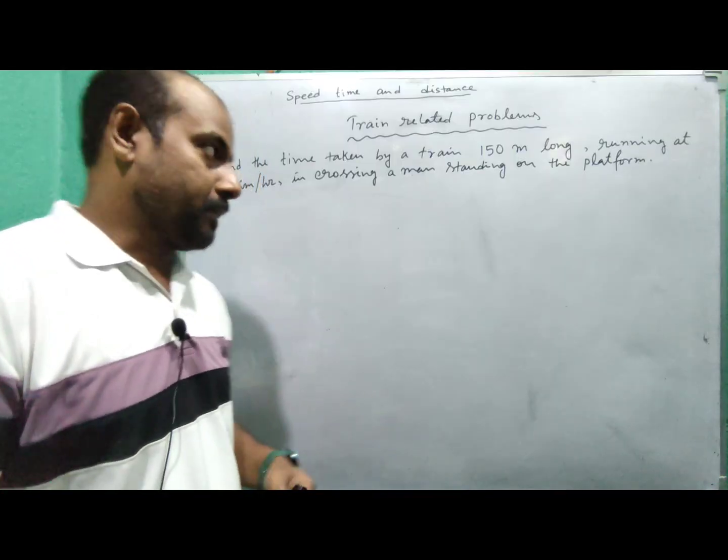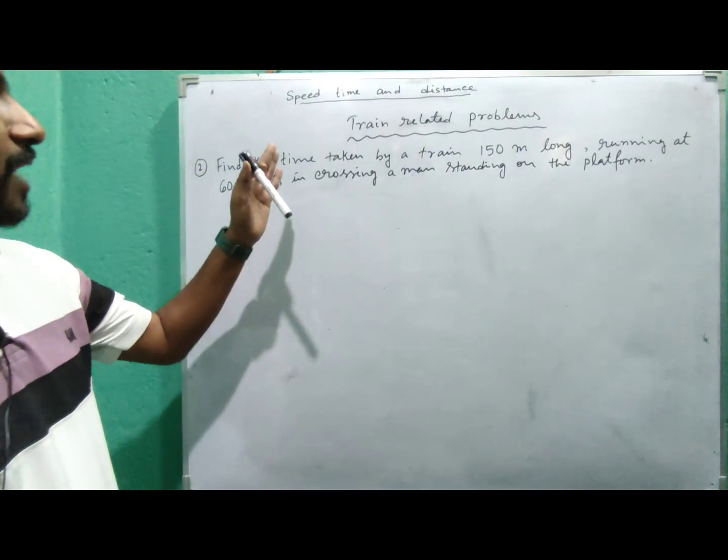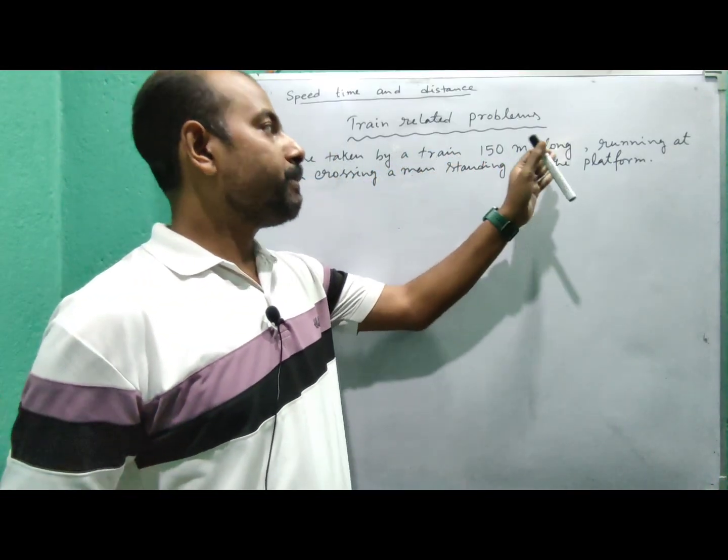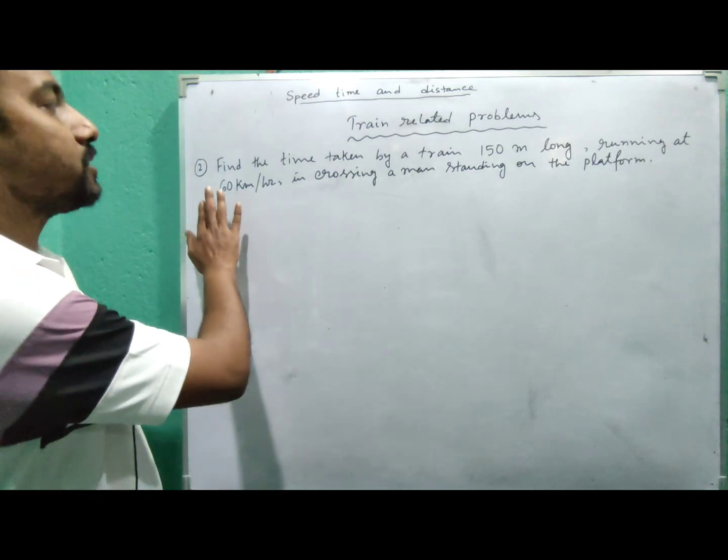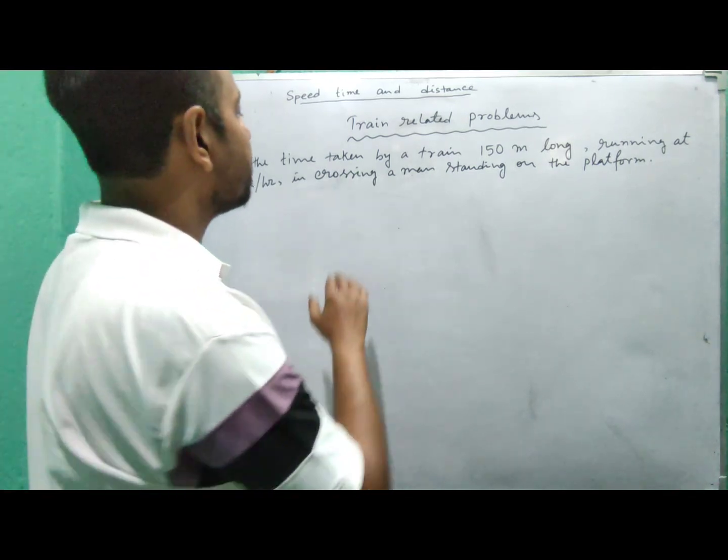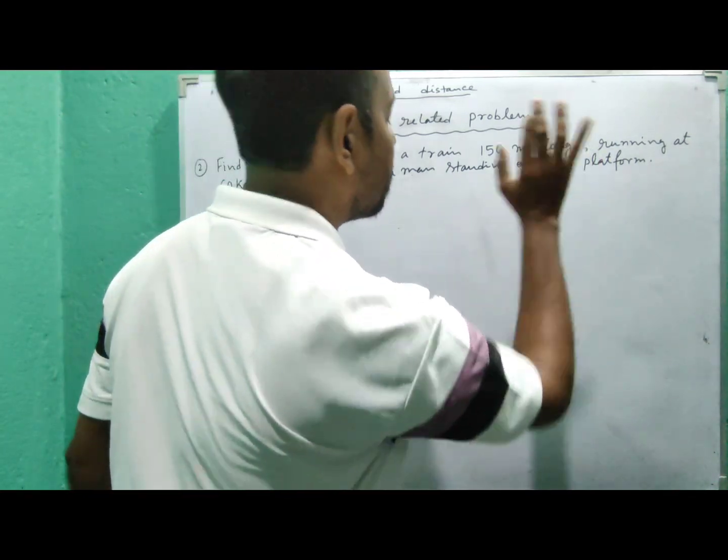concepts much better. Here is a question: find the time taken by a train 150 meter long, running at 60 km per hour, in crossing a man standing on the platform.